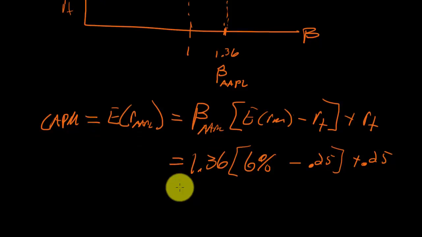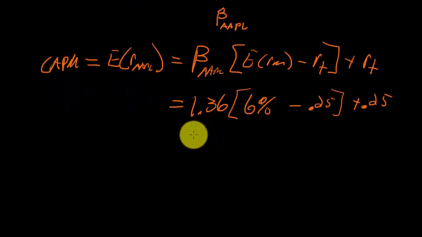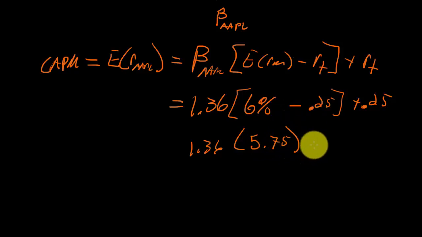Apple's going to, now we calculate the CAPM. 1.36 times 5.75 plus 0.25. So what is 1.36 times 5.75?